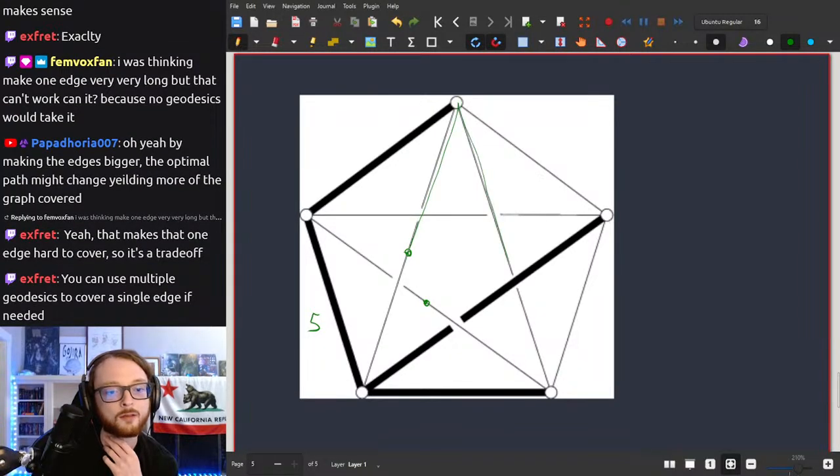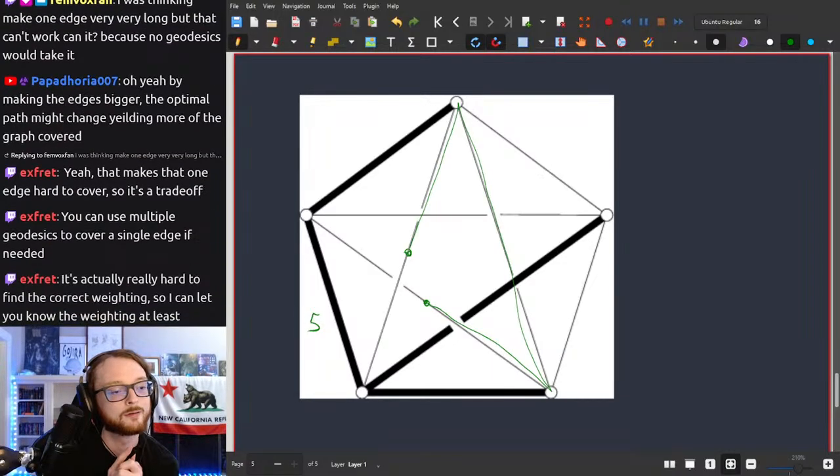Oh, I guess if one path was too big, then you would never go on that. It's hard to find the correct weighting? Yeah, sure, I guess.